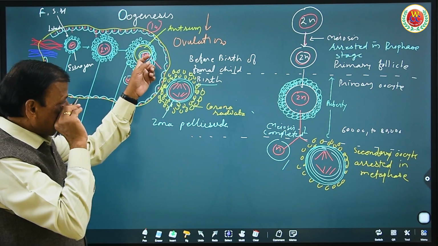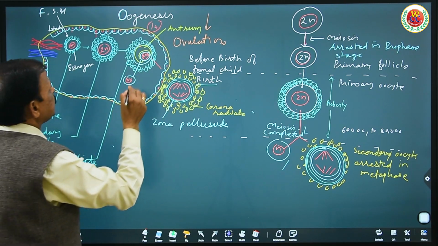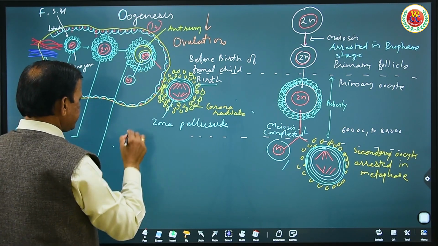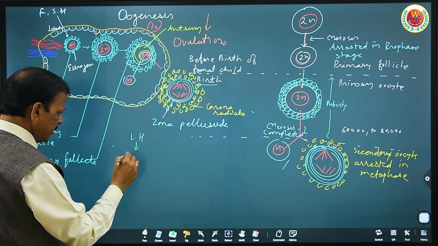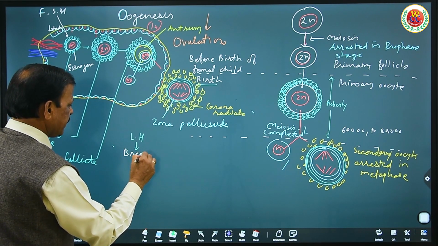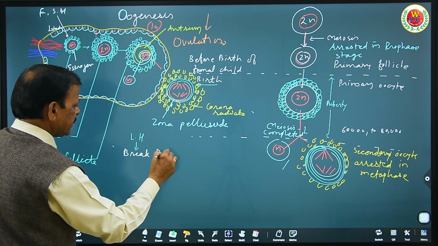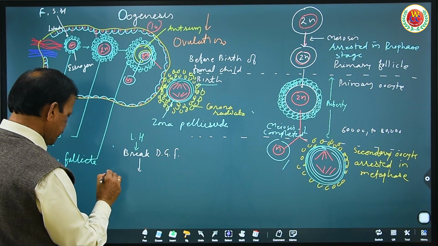Now this tertiary follicle breaks under the influence of luteinizing hormone. So luteinizing hormone which is released on 14th day, that is called luteal surge, developed Graafian follicle, that is tertiary follicle, to produce first polar body.